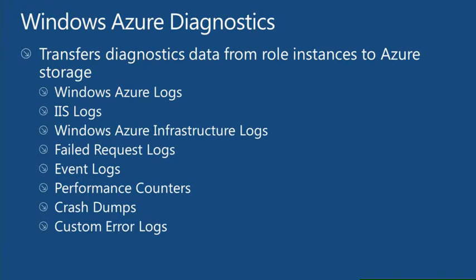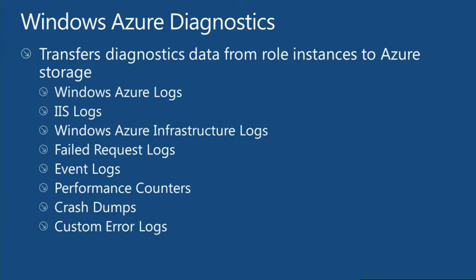Windows Azure Diagnostics. I'm not going to dig very deep into this. I hope you have kind of a general understanding of it. If you don't, feel free to ask a question. But it basically will collect all the information, this list of information from your role instances, and it'll move it to Azure storage. And that is because of this stateless, this failure tolerance.